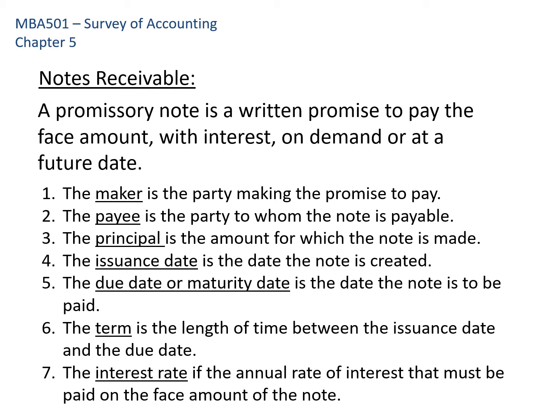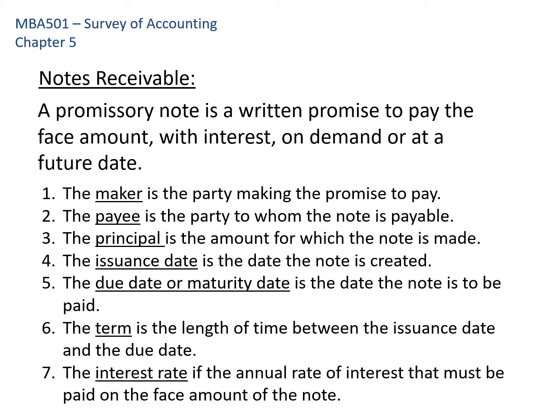The principal is the amount for which the note is made, so how much is being borrowed. And the issuance date, of course, is the date you sign the note when it becomes effective. And then the due date or maturity date is the date that it's going to be paid. The term is the length of time between the date it's issued and the due date.